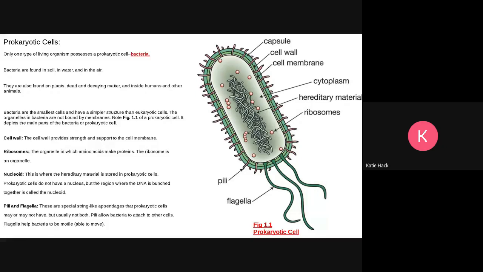The pili and the flagella are special string-like appendages that prokaryotic cells may or may not have, but usually they're not going to have both. The pili allow bacteria to attach to other cells, where the flagella will help the bacteria be motile, or able to move, usually in response to a stimulus.